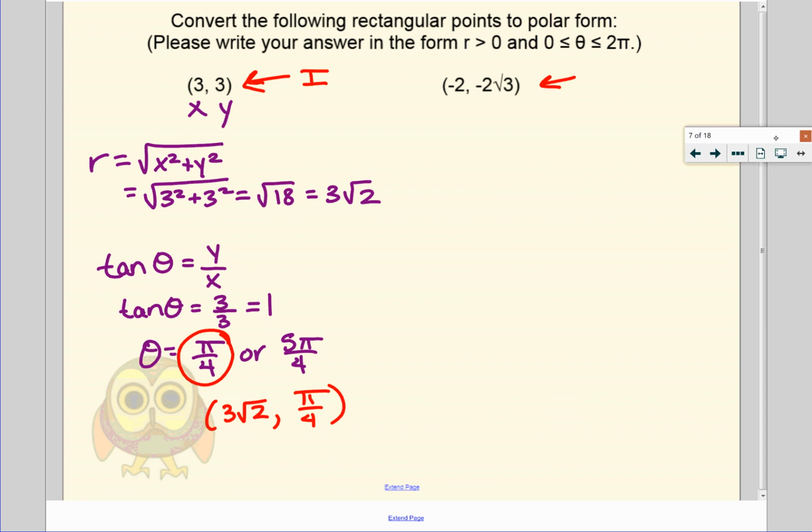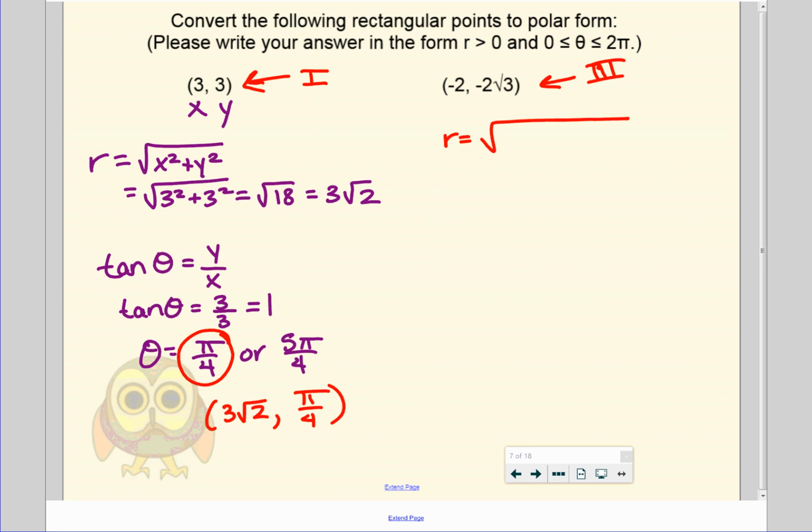Okay, so let's do the other one real quick. What quadrant is that guy in? Quadrant 3. So I know that when I get to my angle part, I'm going to be looking for an angle in quadrant 3. Solving for R, square root of -2 squared plus -2 rad 3 squared. -2 squared is just 4, plus, now squaring that next one, it's multiplied, so you're allowed to distribute the squared in.